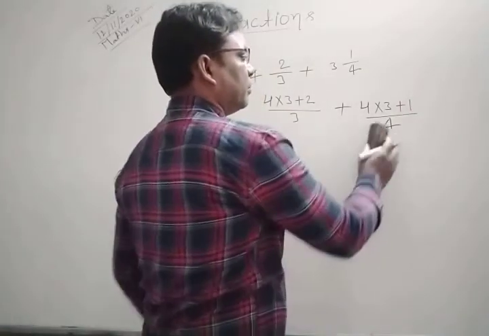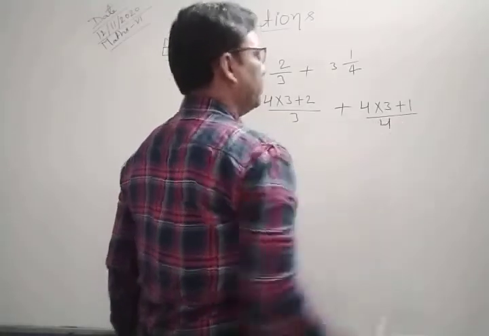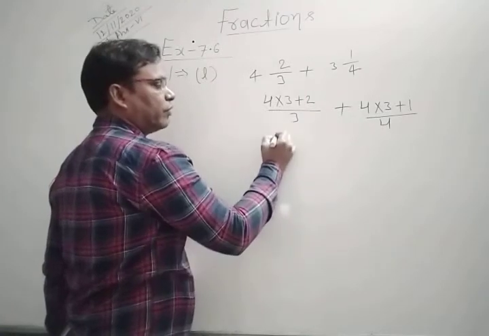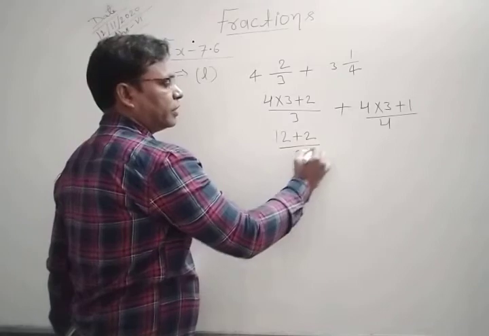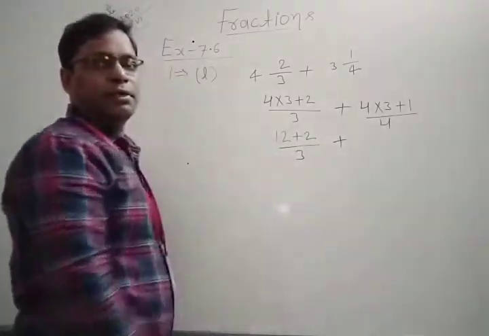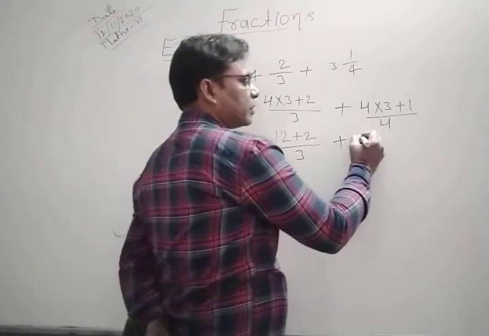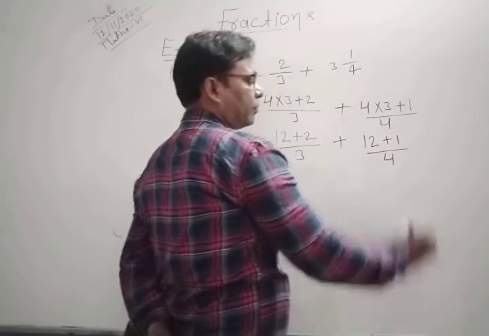Clear? So 4 into 3 is equal to 12, 12 plus 2 by 3. Now, in the second fraction, 4 into 3 again is equal to 12, 12 plus 1 by 4.